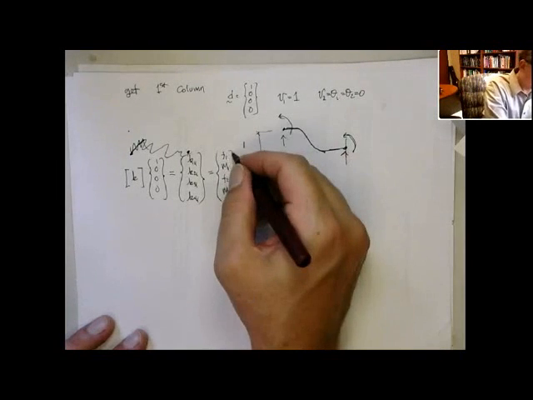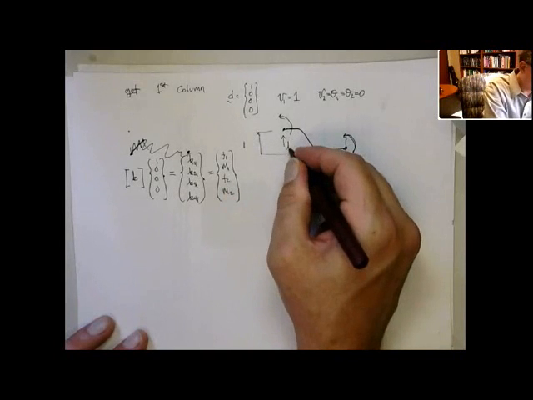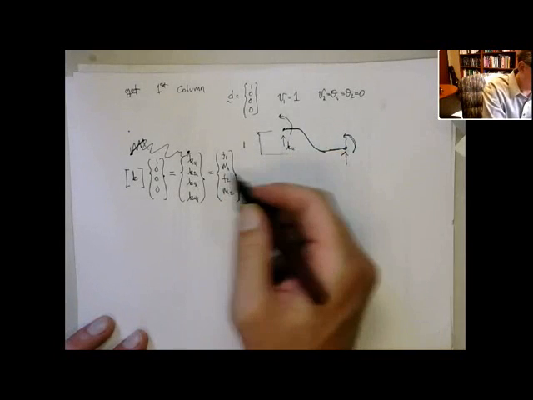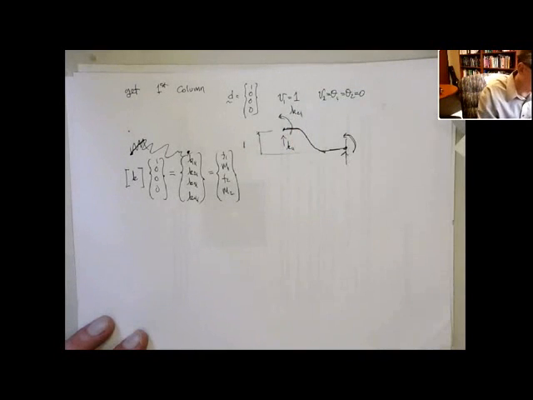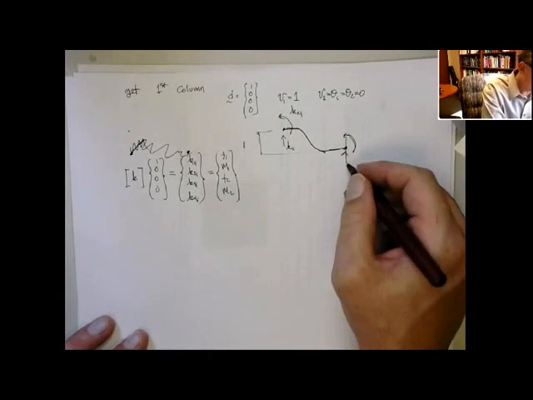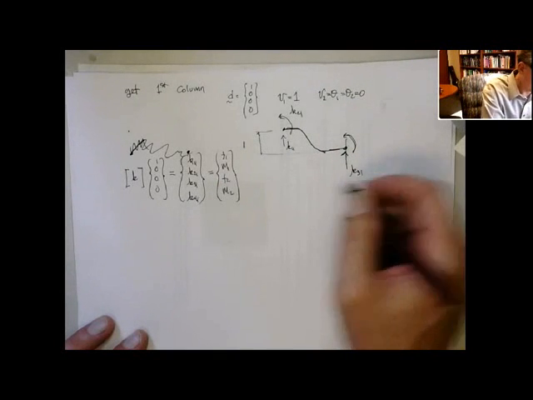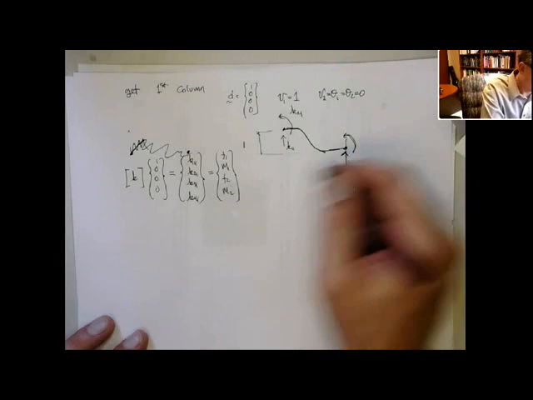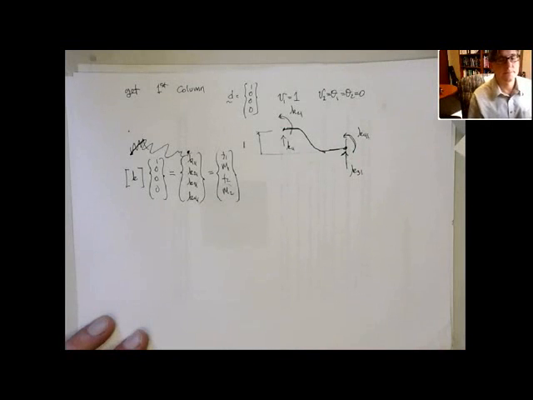And so what you can see here is that F1 has to be equal to K11, M1 is equal to K21, F2 is equal to K31, and M2, this moment, is equal to K41, all right?